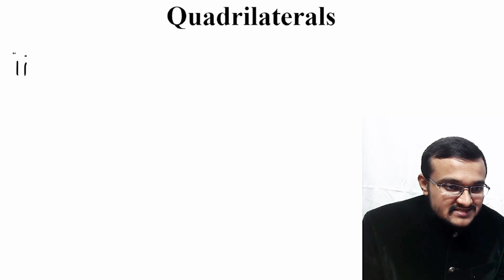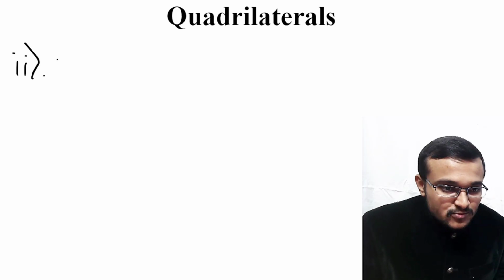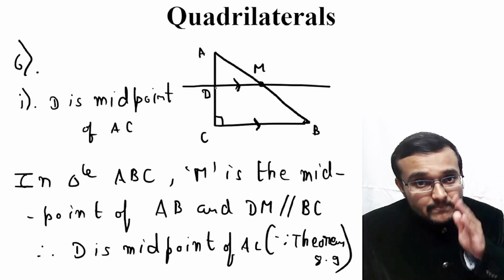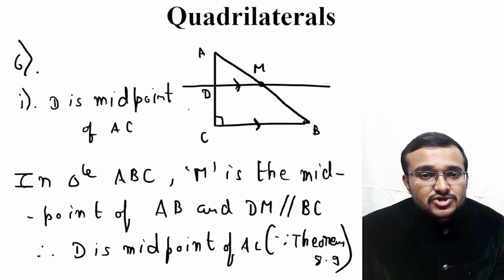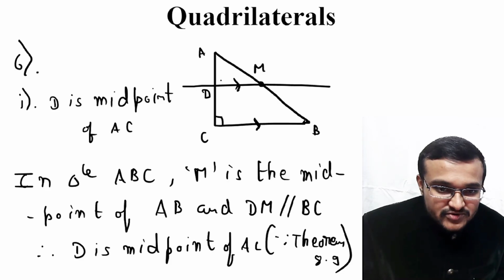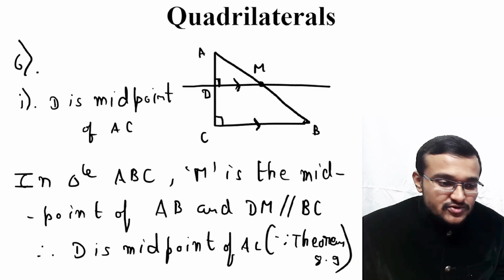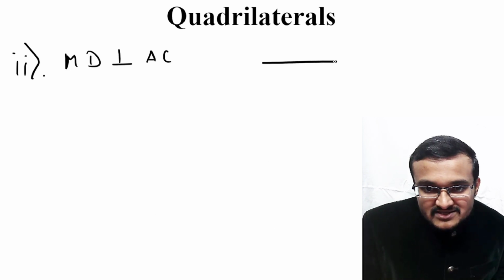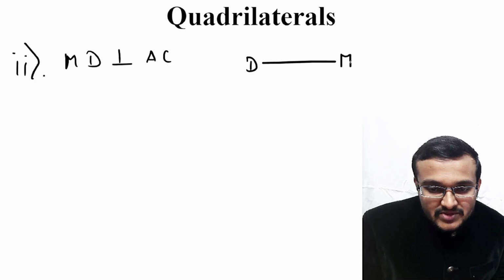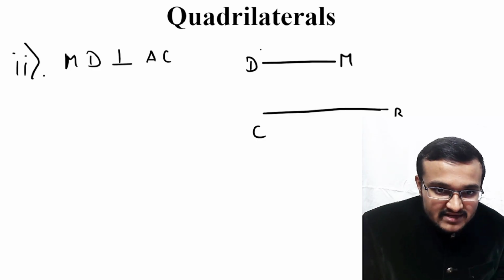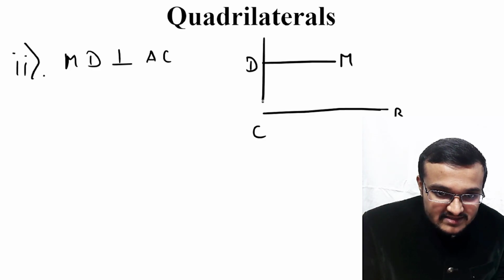Now we will look into the second question in the same sixth question. Here you need to prove MD is perpendicular to AC. In order to prove this, you need to prove that this particular angle is equal to 90 degrees. So you can write this DM line and this CB line, and there is one line like this.